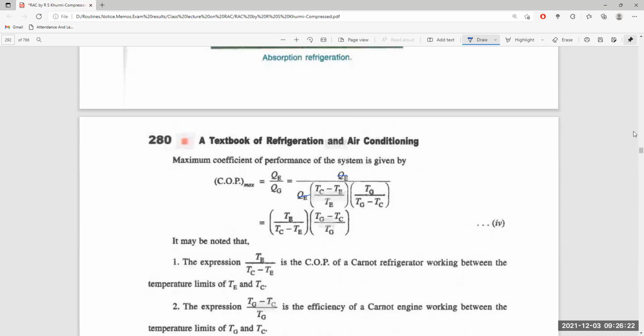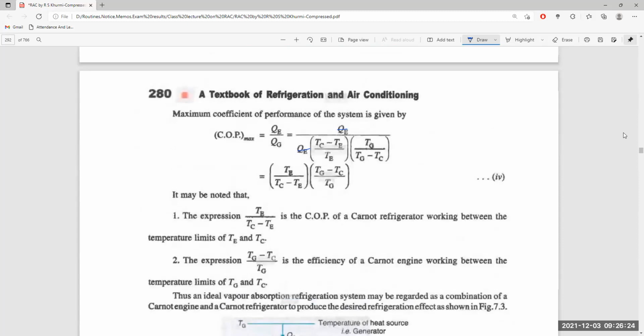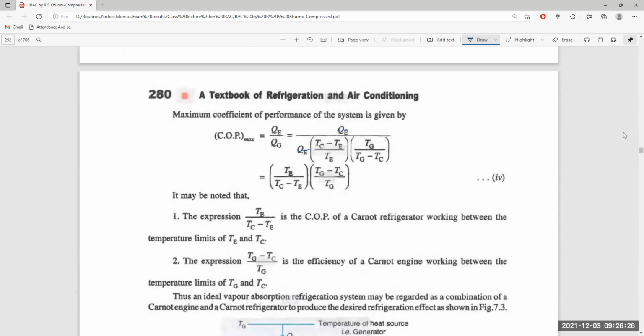It may be noted that the expression TE by (TC minus TE) is the COP of a Carnot refrigerator working between temperatures TE and TC. And the expression (TG minus TC) by TG is the efficiency of the Carnot engine working between TG and TC.